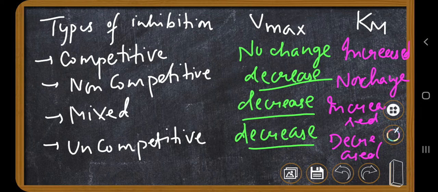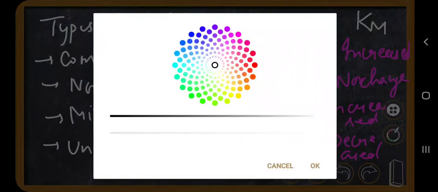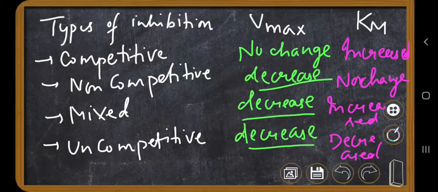So this is the scenario you need to remember when the Km as well as your Vmax values are concerned, right?